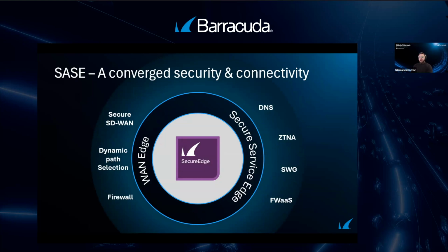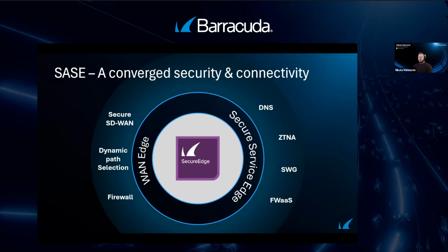We have the WAN edge side that represents the access or the connectivity part of the SASE architecture. While on the other side, we have cloud-delivered security services such as DNS, ZTNA, SWG or Secure Web Gateway, Firewall as a Service, and they make up this secure service edge side of the SASE architecture.